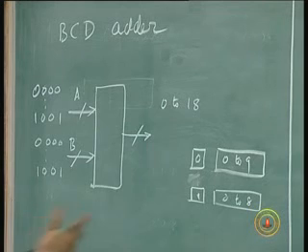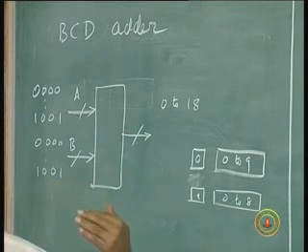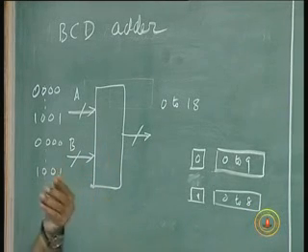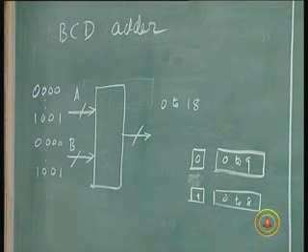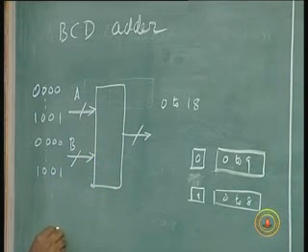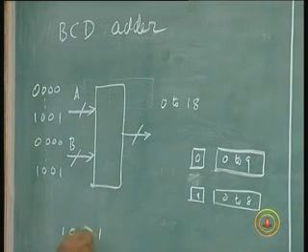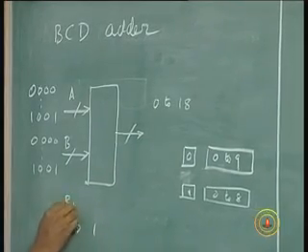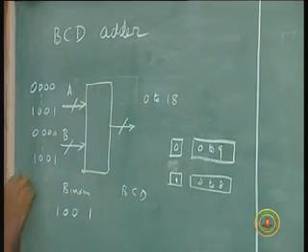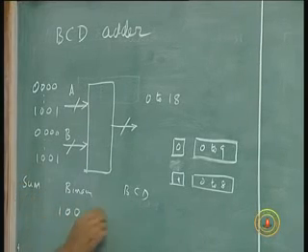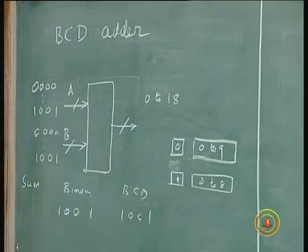Now, what can I do to get a BCD representation of a binary sum? When the number is 9, binary, BCD, I am only talking about the sum, BCD also 9, no problem.